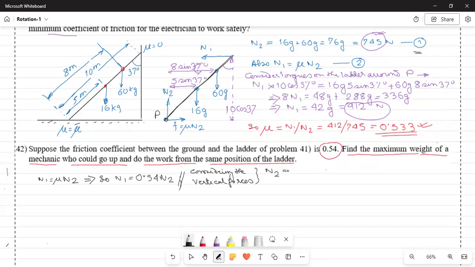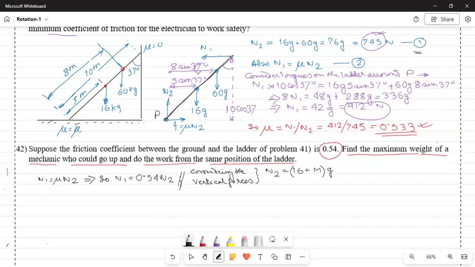N2 is equal to 16 plus M, both have the G. N2 equal to (16 plus M) G. Right?